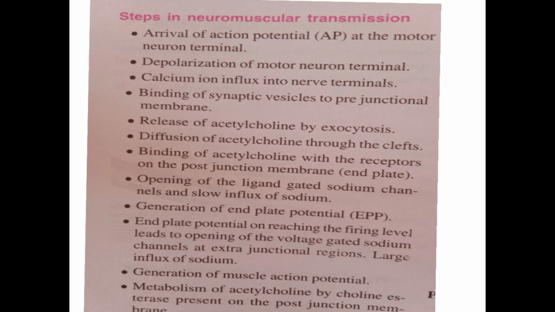That signal has to be transmitted to the muscle. How it will transmit, that we have to see. Whenever there is an arrival of action potential, there is a depolarization of the motor neuron terminal. At that time there is a calcium influx at the nerve terminal.